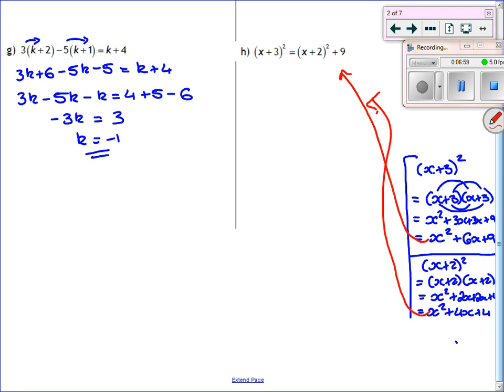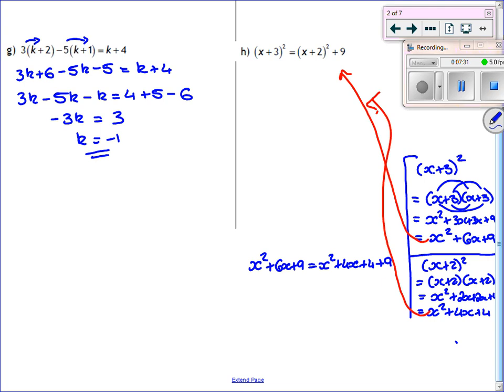So that's going to give me x plus 3 all squared, we know is going to give us x squared plus 6x plus 9. That was equal to x squared plus 4x plus 4, and then we're adding 9 on at the end. Apologies, I've moved this down just to give me a bit more room to work. So let's move the variables across.